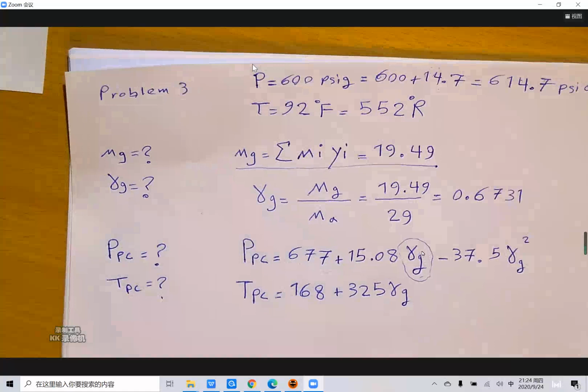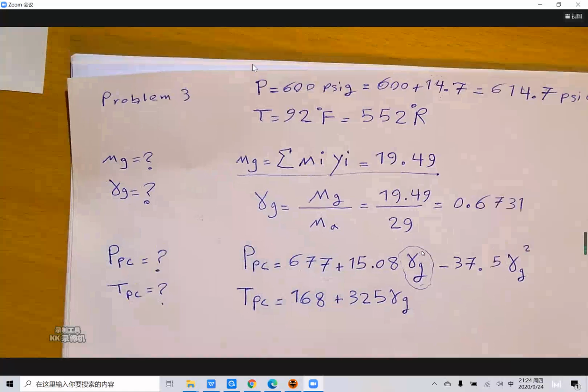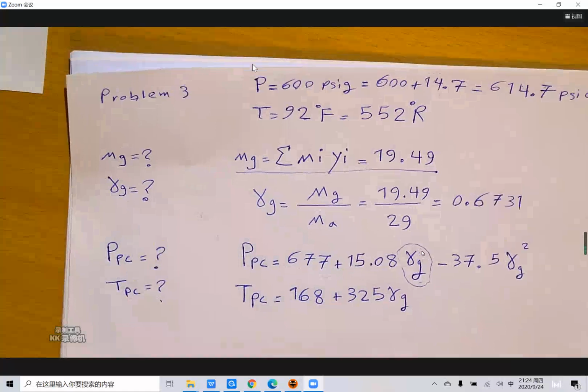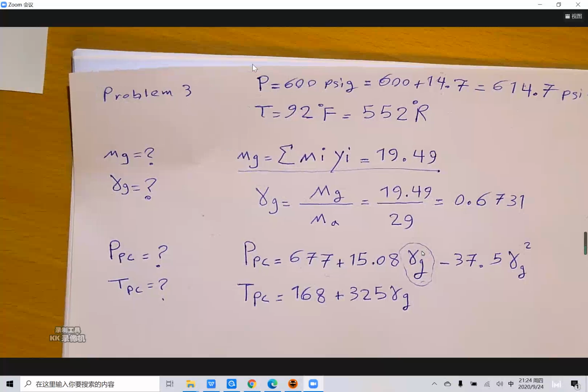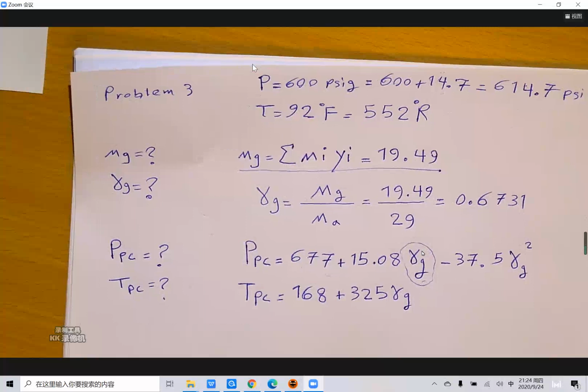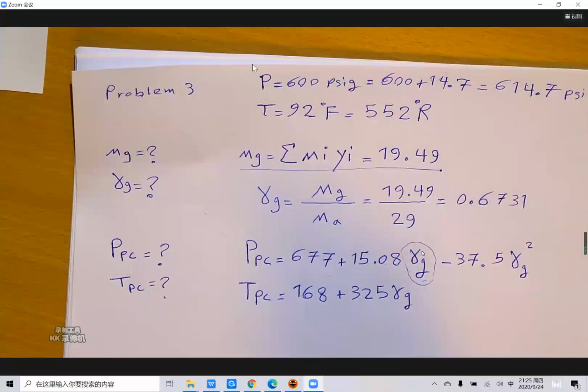So don't worry. If this is not given, that means we request you to use the Standing and Katz chart. If they give you the Standing and Katz chart in the exam, use that one. If the formula, use the formula. But we only use those equations if we don't have the chemical analysis.